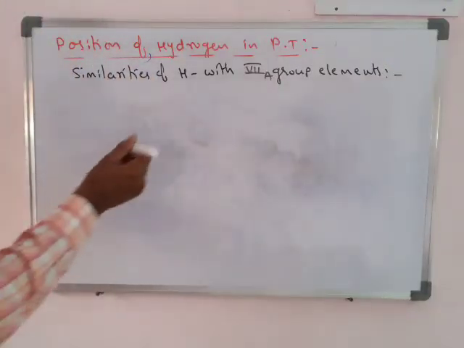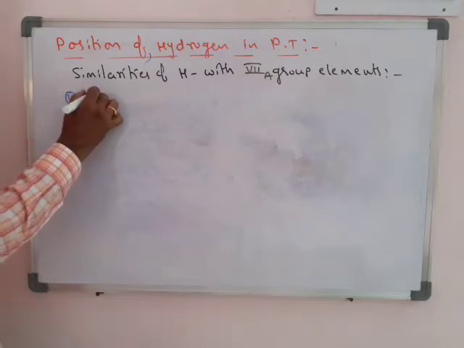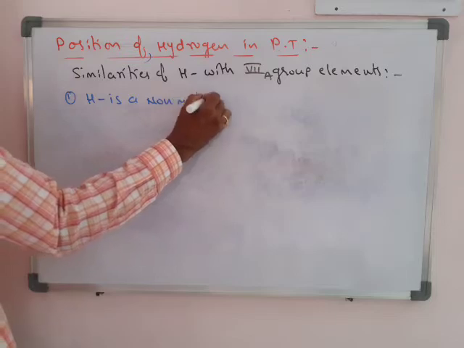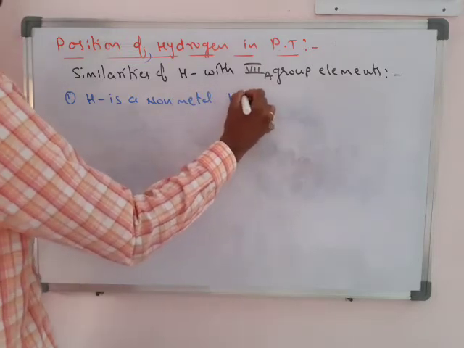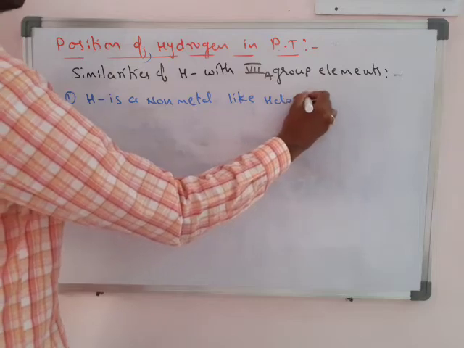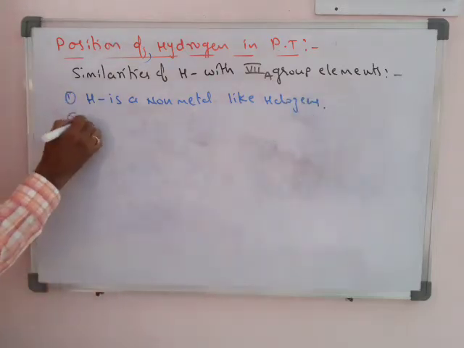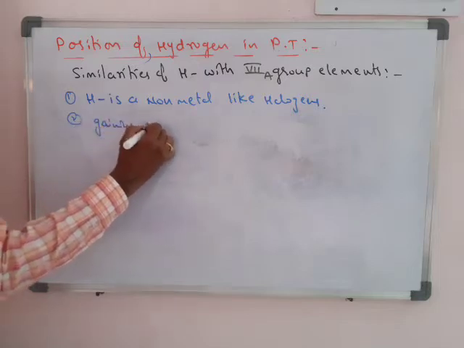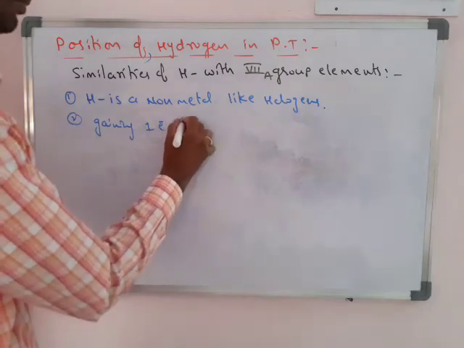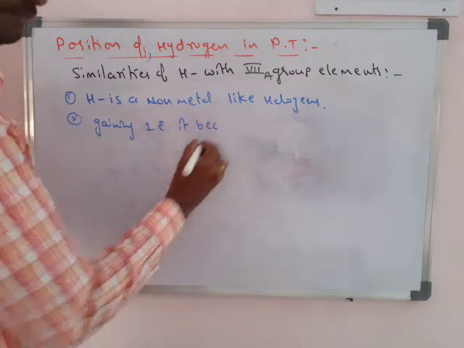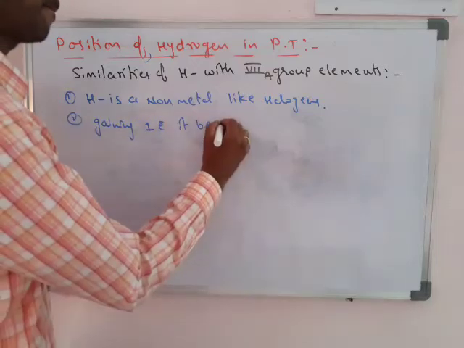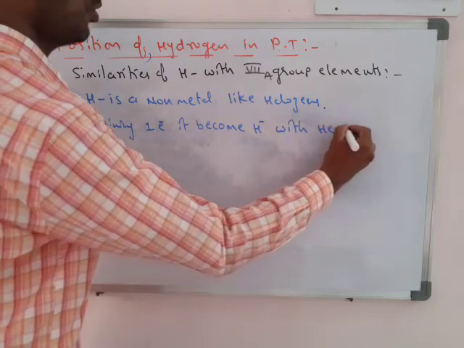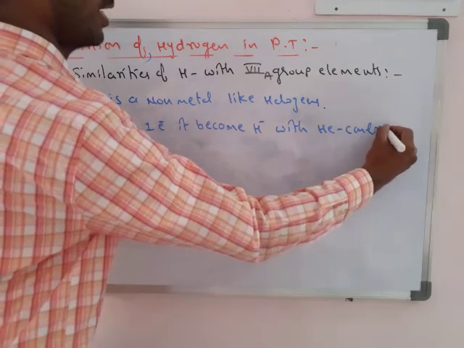So now we write the similarities with the 7th group. That is, hydrogen is a non-metal like halogens. Next, on gaining one electron, it becomes H- with the noble gas helium configuration.